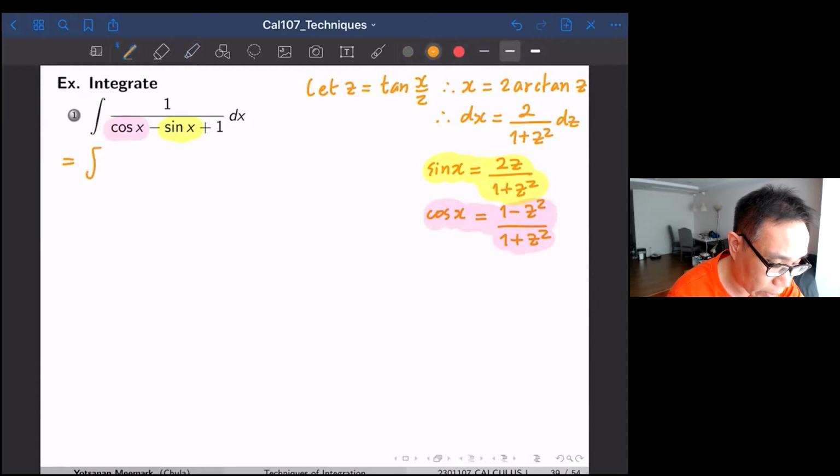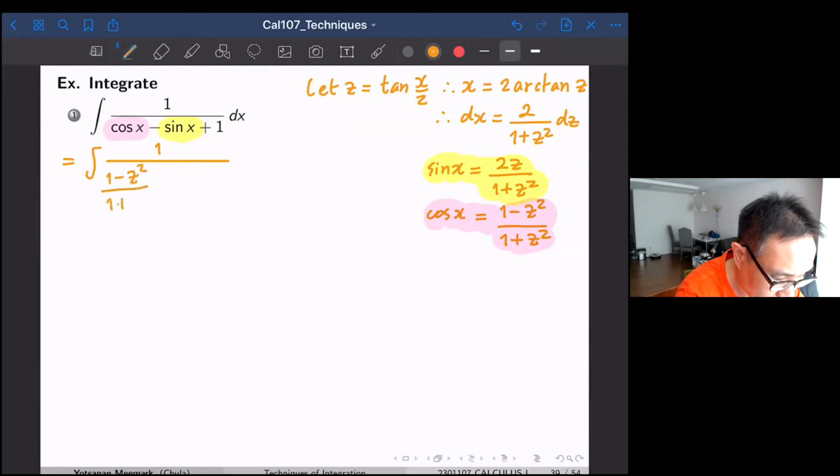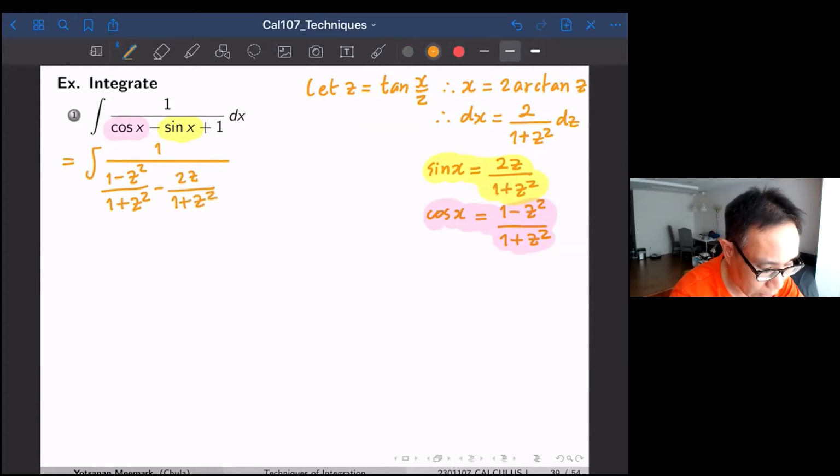So you would get the integral of 1 over cos x, which is 1 minus z squared over 1 plus z squared, and sine x, which is 2z over 1 plus z squared, plus 1.